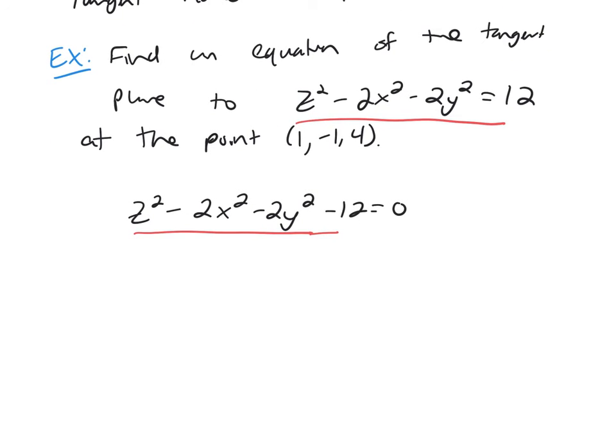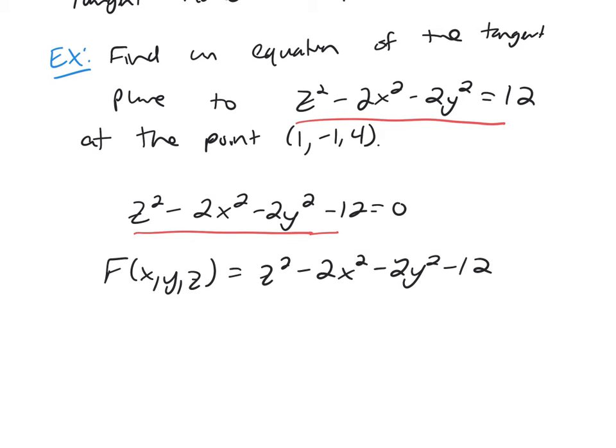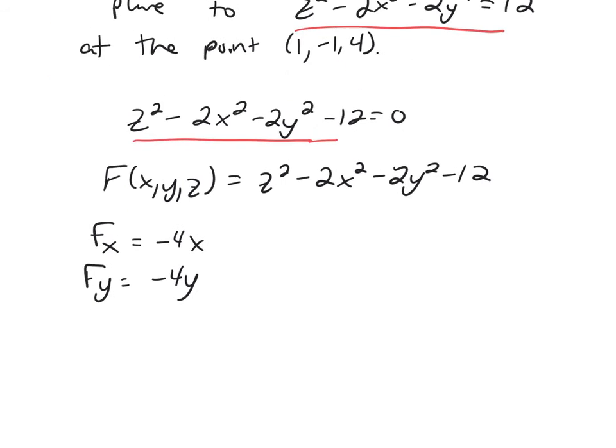So I'm going to have f being z squared minus 2x squared minus 2y squared minus 12. And then you're going to find your partial derivatives here. Fx will be minus 4x. Fy would be minus 4y. And Fz would be 2z.